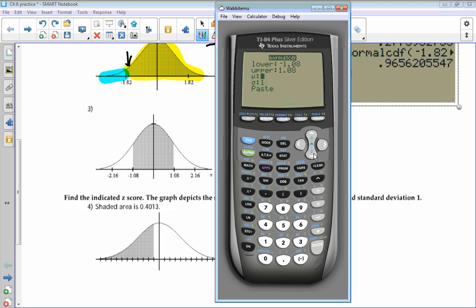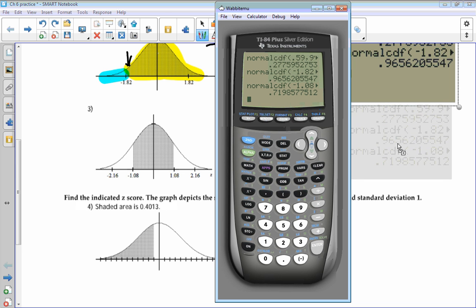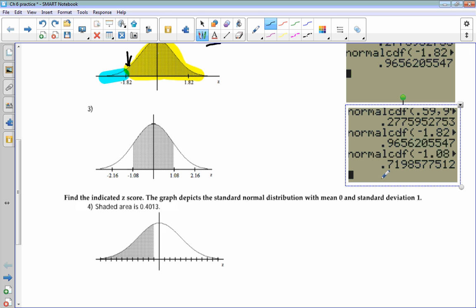Again, I'm going to leave mu at 0, standard deviation at 1, and paste, hit enter, and I find that area is 7.199 if I round that last amount.